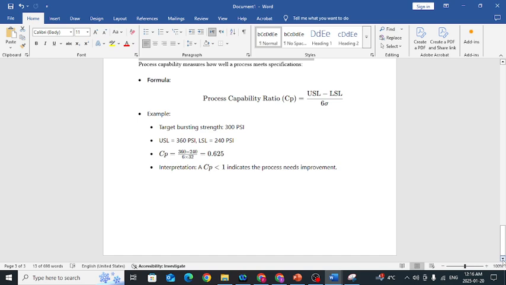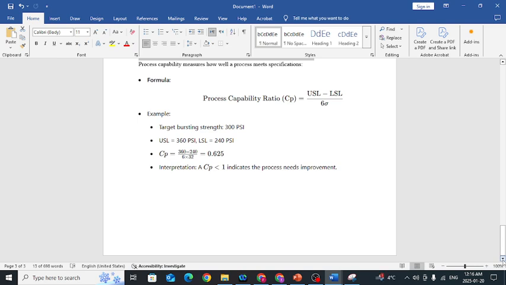And on the other hand, process capability analysis ensures the process is aligned with customer specification. This is very important. You can use this formula for process capability and analyzing and ensuring whether your process is aligned with your customer specification or not.